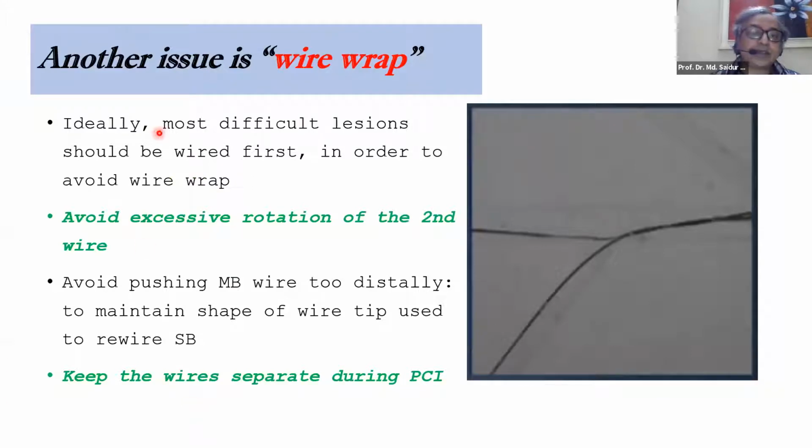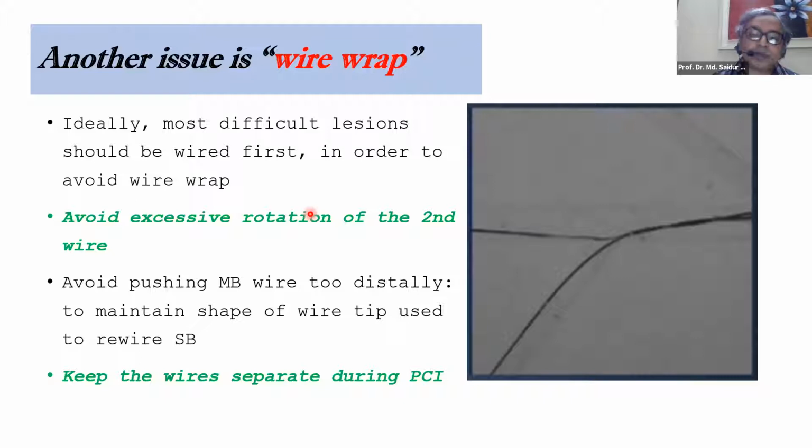Another issue is the wire wrap. This is really a big headache. Sometimes it becomes so much a headache that you will have to start everything from the beginning. That's really cumbersome. Most difficult lesions should be wired first to prevent the wire wrap, because wire wrap means the balloon is not crossing when you are trying to go for a kiss or go for the SB stenting, or the stent is not crossing, it is stuck somewhere.